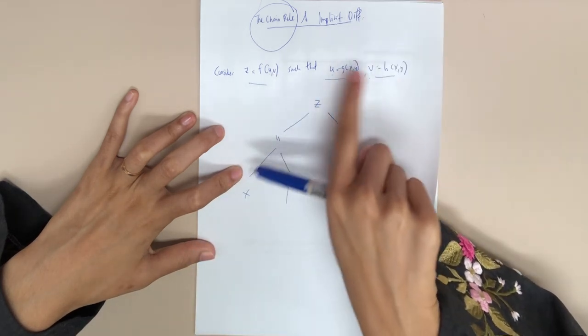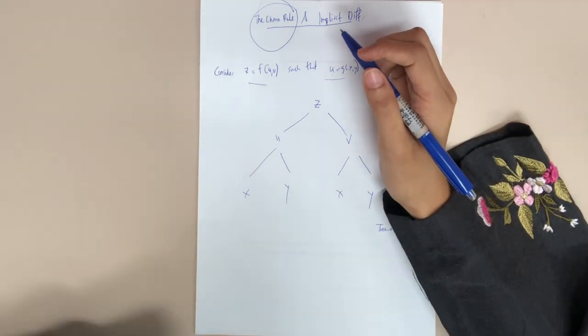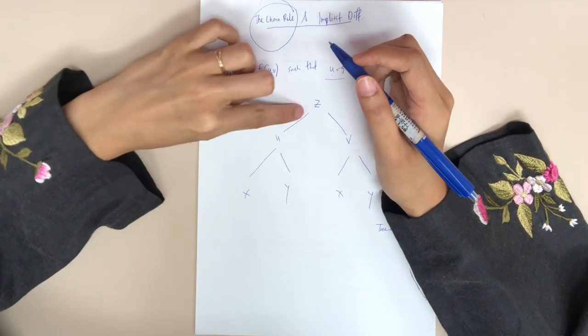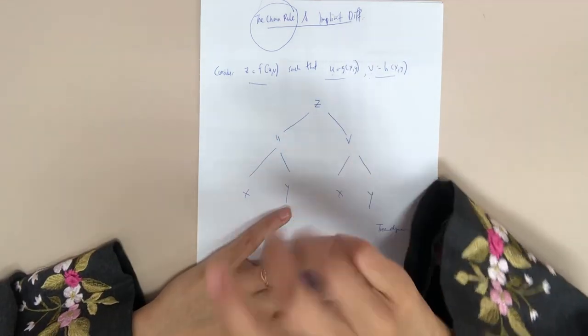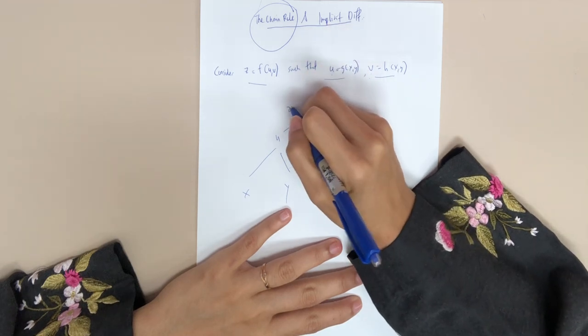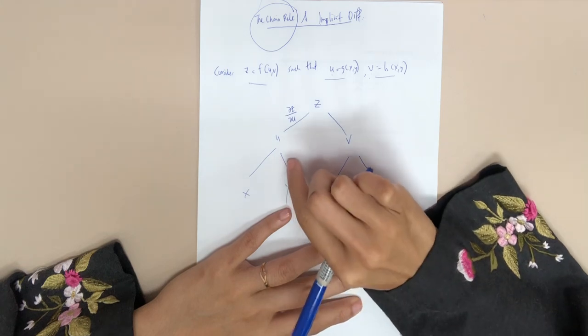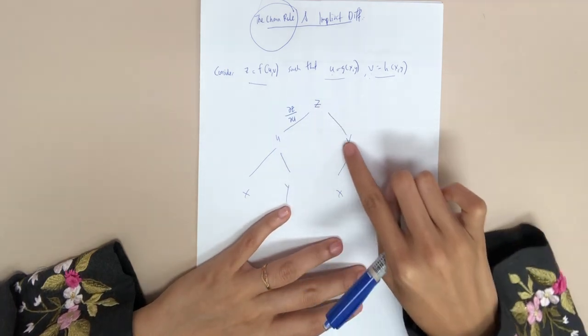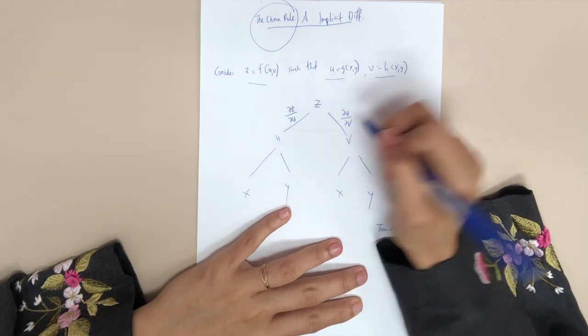So you substitute u and v here. Now you can see the lines, right? From z to u, we will differentiate, so it will be dz/du, and this line will be dz/dv.